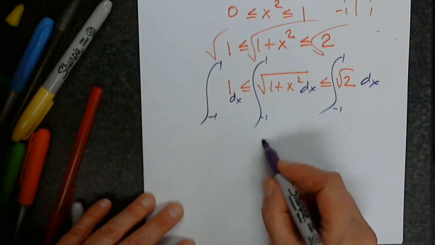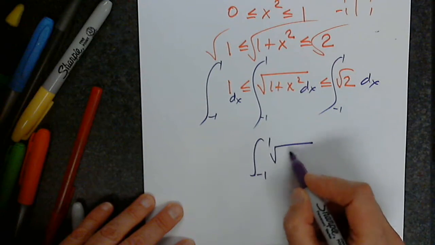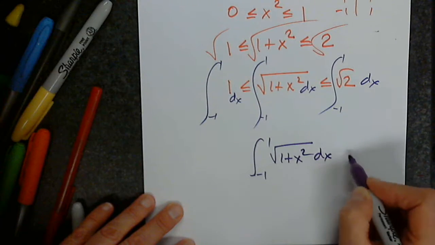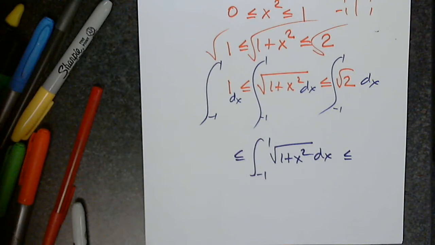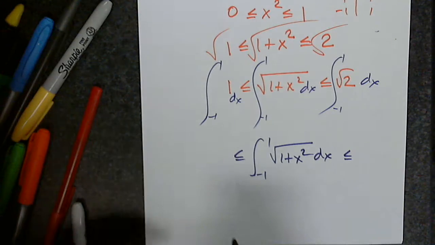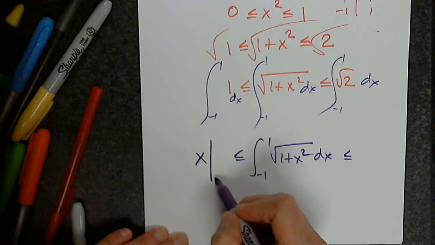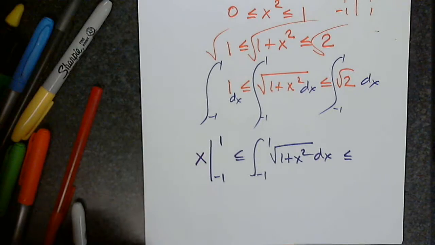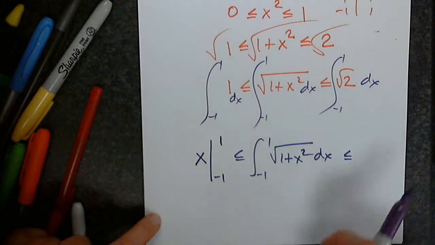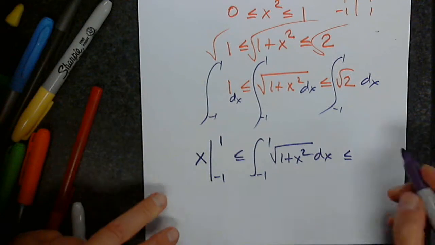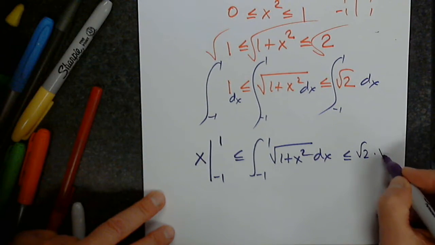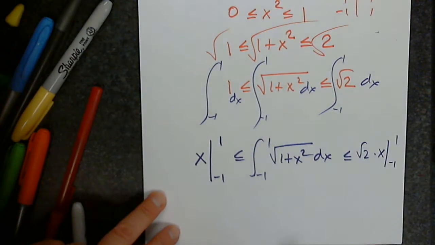So I have the middle part that I'm interested in. What is the integral of 1 from negative 1 to 1? What is the integral of the square root of 2? The square root of 2 multiplied by x from negative 1 to 1.